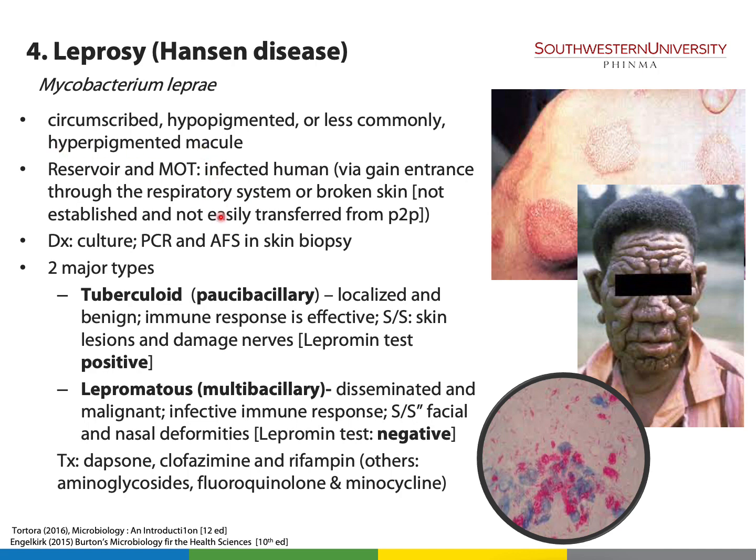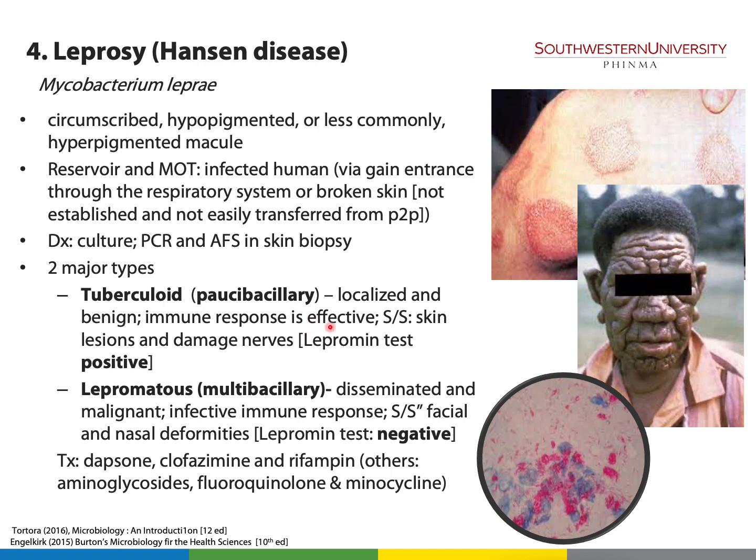macules. There are two types of leprosy: tuberculoid leprosy, or paucibacillary leprosy, and lepromatous, or multibacillary leprosy. Tuberculoid leprosy is localized and benign, and the immune response is effective.